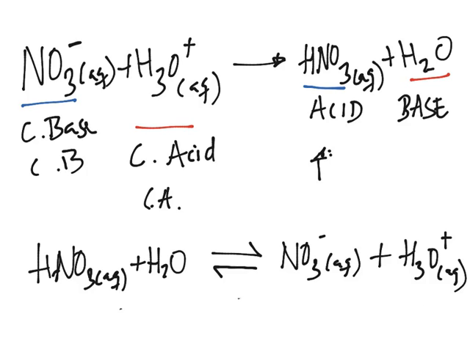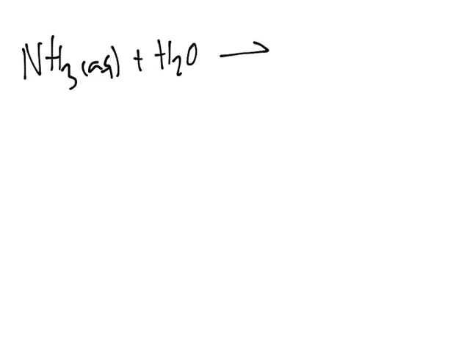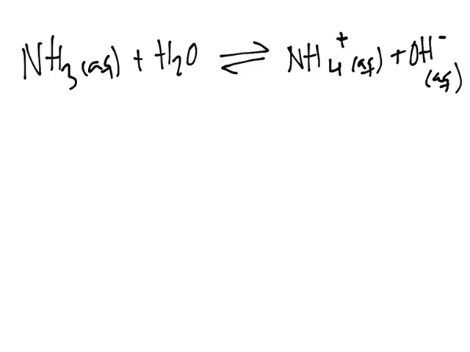Now let's do another example, another reaction. We have NH3, aqueous, and water again, with double-headed arrows. This already indicates that this is a Bronsted-Lowry reaction. And the products are NH4 plus and hydroxide. So do the same thing.